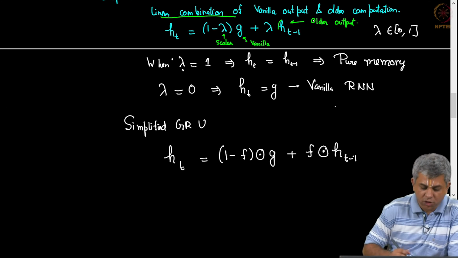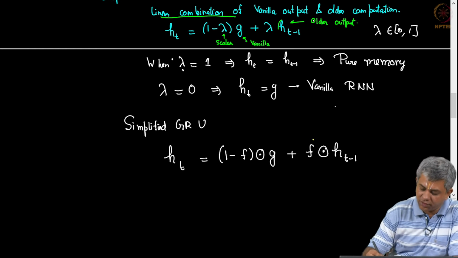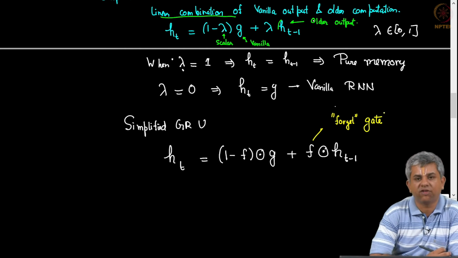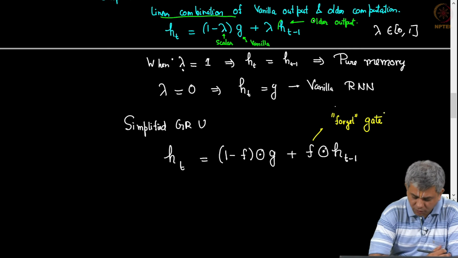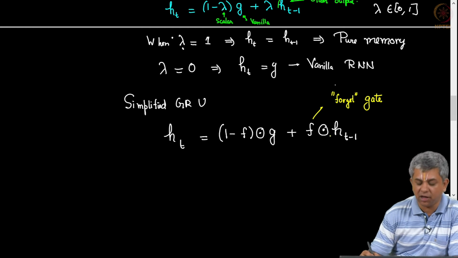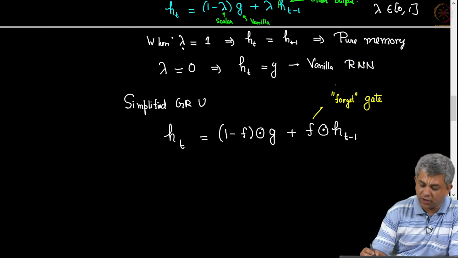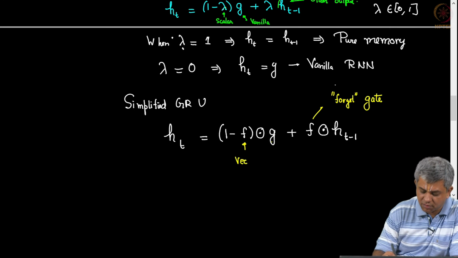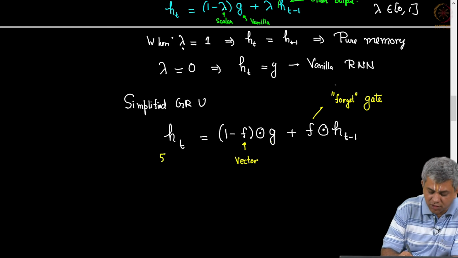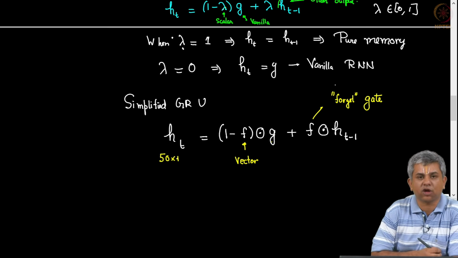This F, just like a valve, is called the forget gate. Once again, remember, when F is 1, you will purely get memory, and when F is 0, you will get vanilla RNN. Now, what is the distinction between here and here? There lambda was a scalar, here F is a vector. Just for the sake of clarity, let us say HT was a 50 cross 1 vector.